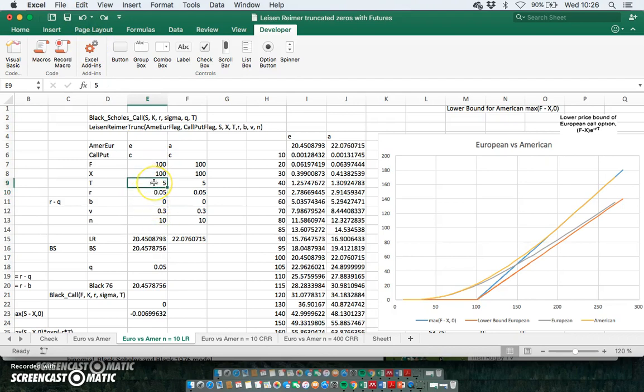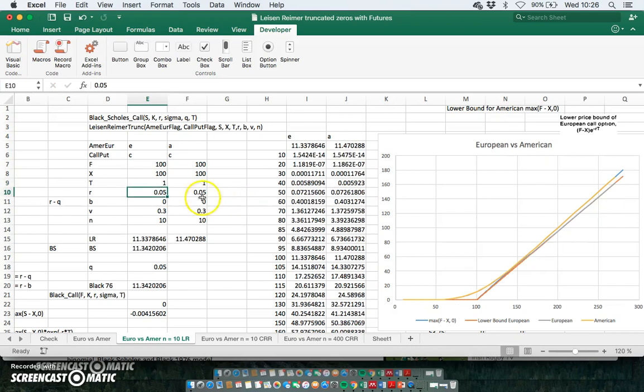If the time period was reduced, this is a 5-year option, which is quite unusual. 5-year options tend to make up a more illiquid part of the market. More typically, options have a lifespan of 1 year or less. Now here we put it down to 1 year.